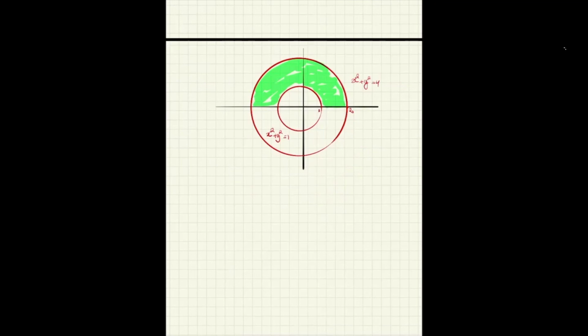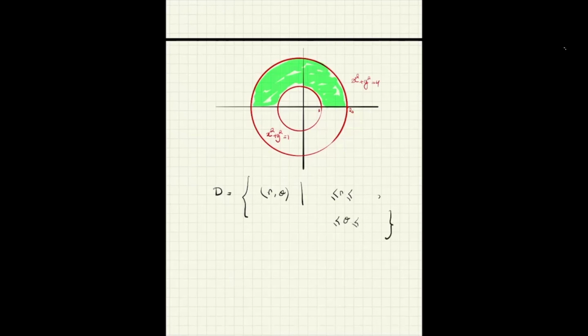So what is the region D? Now you have the option to describe it as a rectangle in x, y, or a polar rectangle. In this case, it's going to be very easy to describe as a polar rectangle. So let us do it. It's r and theta such that r is between something, and theta is between something and something, right?